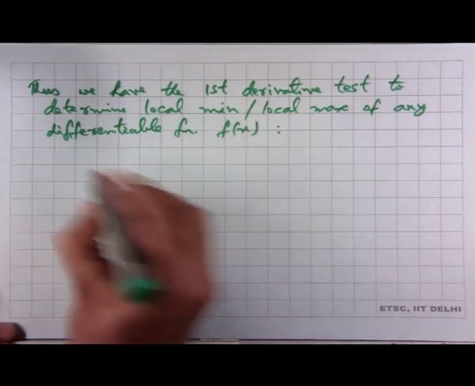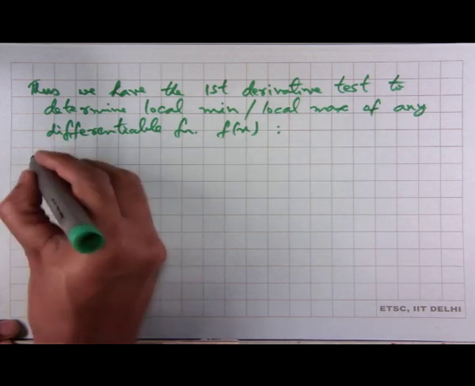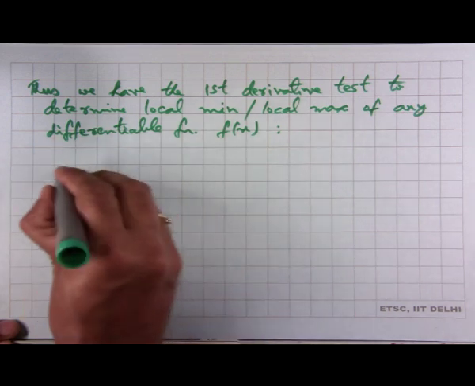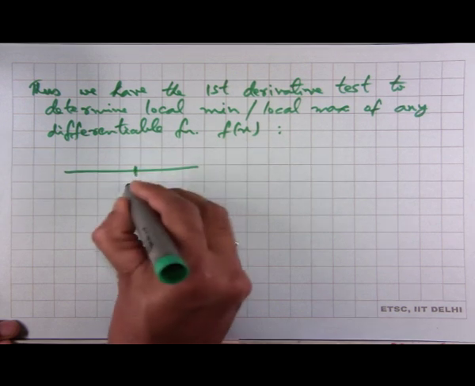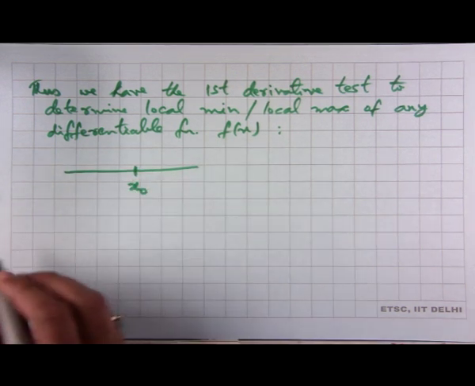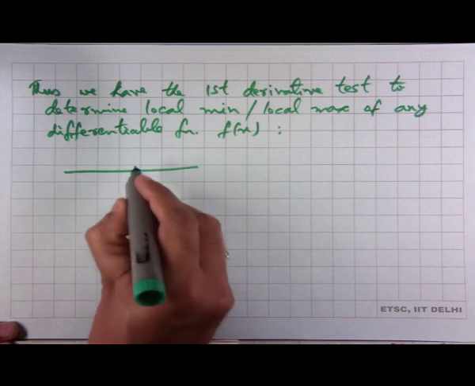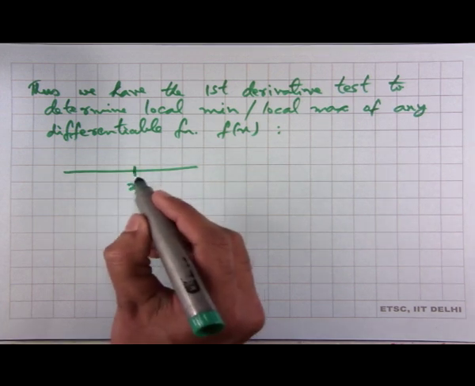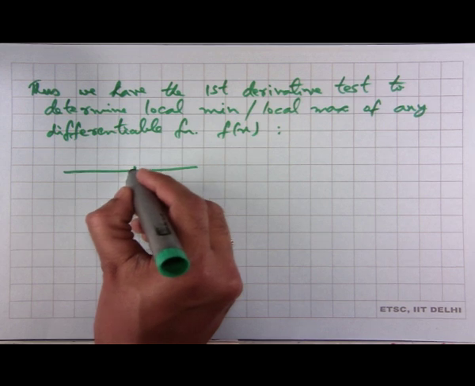So, if we have this x naught, and to the left of x naught, for local minimum, this should be decreasing.